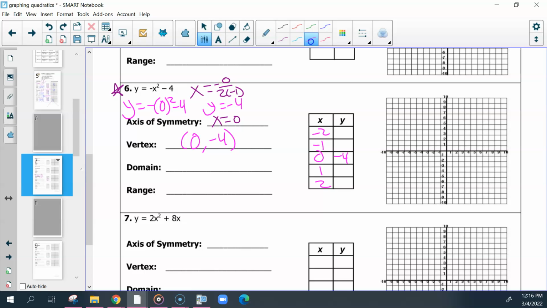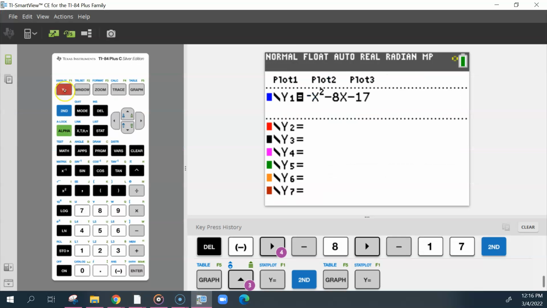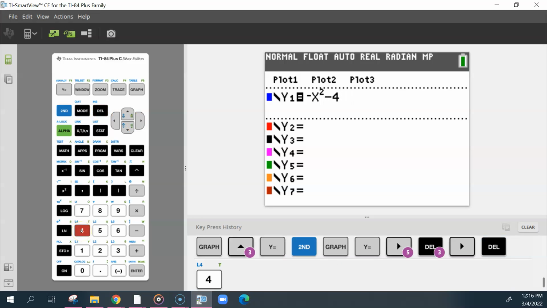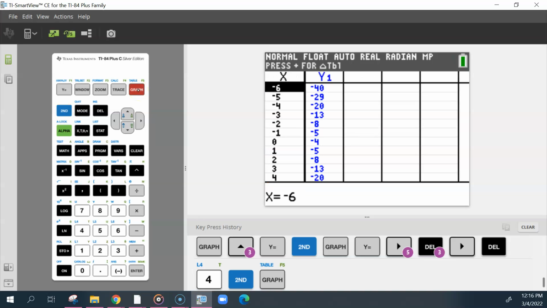And then I can put this in my calculator to fill out the rest of everything else. When x is -2, y is -8.